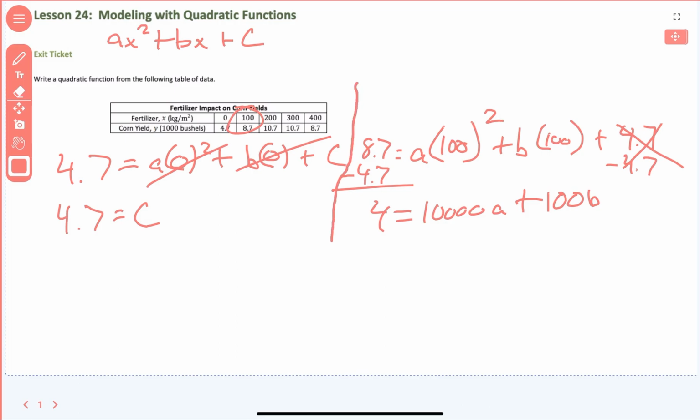Let me draw a little line right here so we don't get too confused. Did we solve for A and B? Not yet.